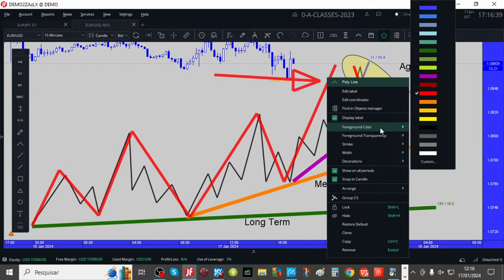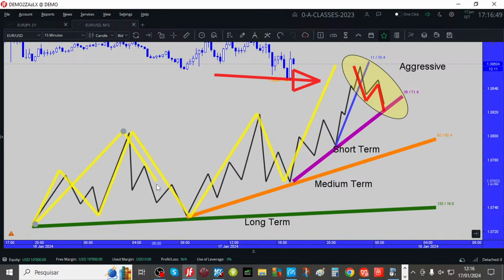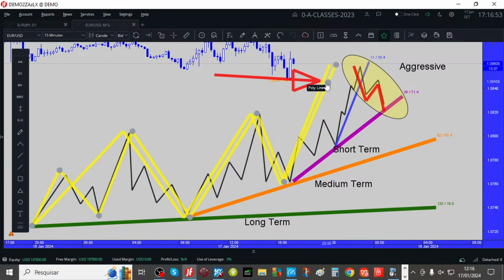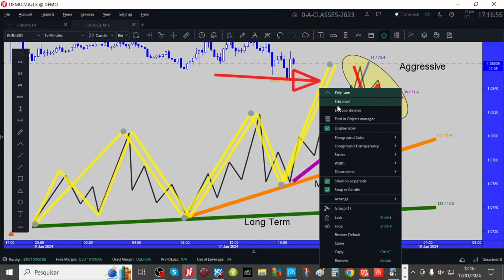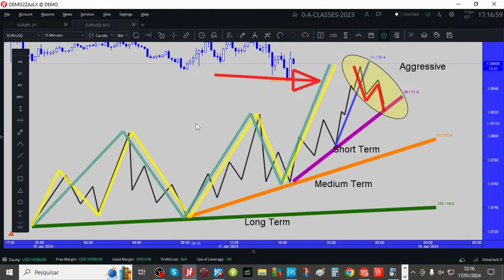Give me a second, everybody. Yellow. Or should I connect this to that, similar but different, this to that, and this is going to be, what color can we use? Tan. Everybody, what market wave is correct? Is it the tan, or light green, or the yellow? Which one is correct?